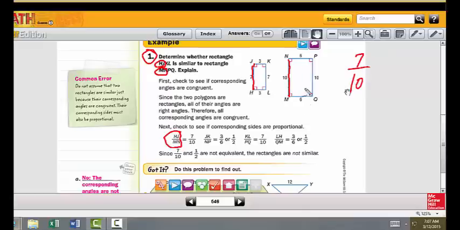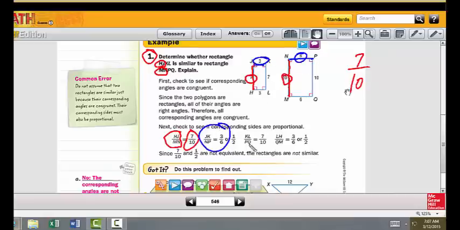But one thing I want you to make sure that you do is if you start these out as the smaller figure over the larger figure, then you must keep it that way throughout the entire checking of the numbers. Okay, so we have 7/10 for the first one right here. And then we have JK and NP, so that's 3/6.